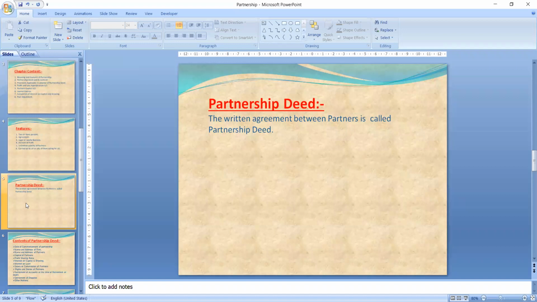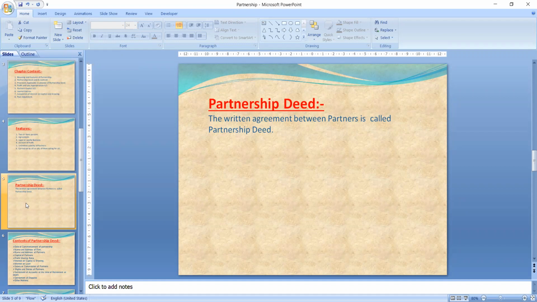So how does the partnership deed resolve the problems between partners? Because the agreement between partners is written here as proof, and there is the signature of all the partners that they agreed on such terms.